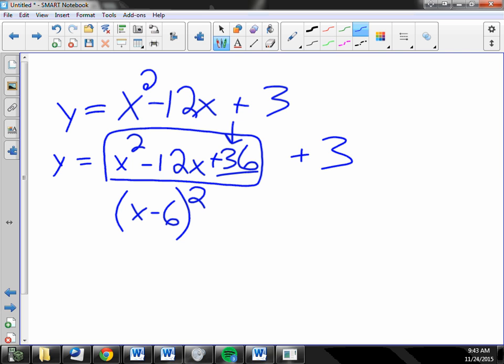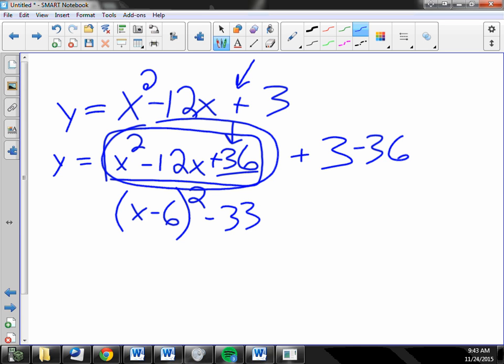So I'm going to put minus 36 out here. Now, this factors into x minus 6 squared, and over here I have minus 33. So this original quadratic, written in vertex form, is right 6, down 33. Okay?